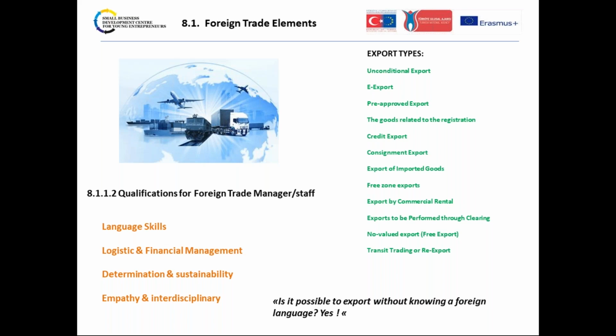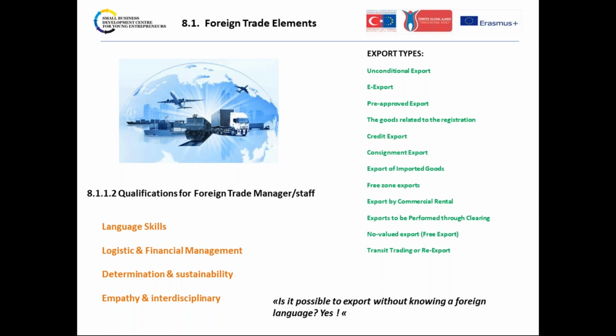And the financial issues: you need to calculate your cost, you need to calculate your profits, you need to also be concerned about foreign money exchange. Let me give you an example. We are in Turkey and we are using Turkish liras.